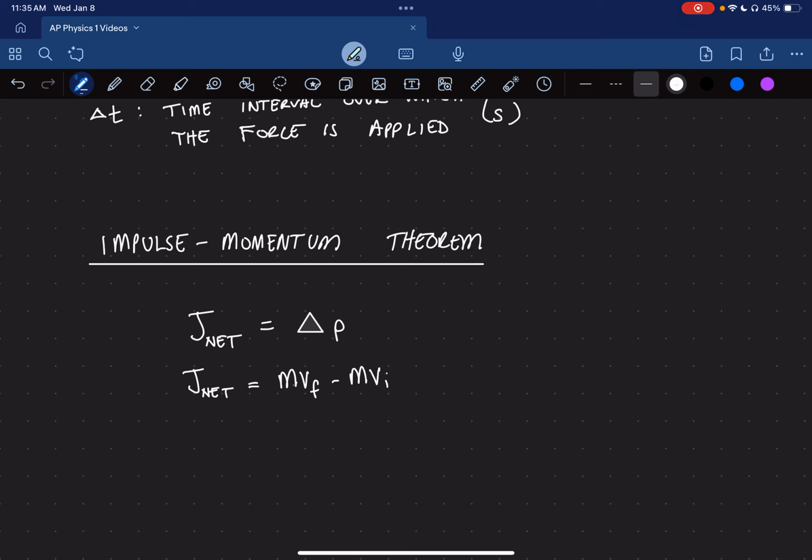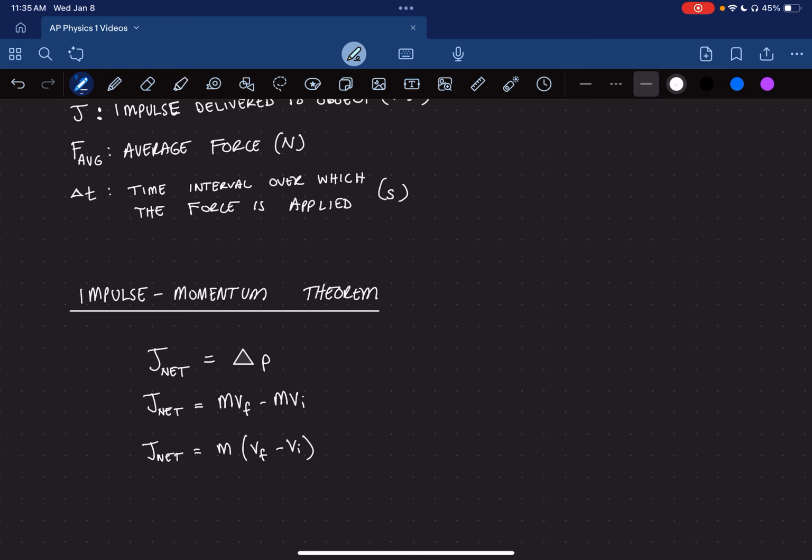Change of momentum means m v final, your final momentum minus your initial momentum of some object. But the real form that we will use for this equation is we're going to factor out m from these terms. We'll say m on the outside of vf minus vi. And this is what we'll use. The net impulse is equal to m times vf minus vi.